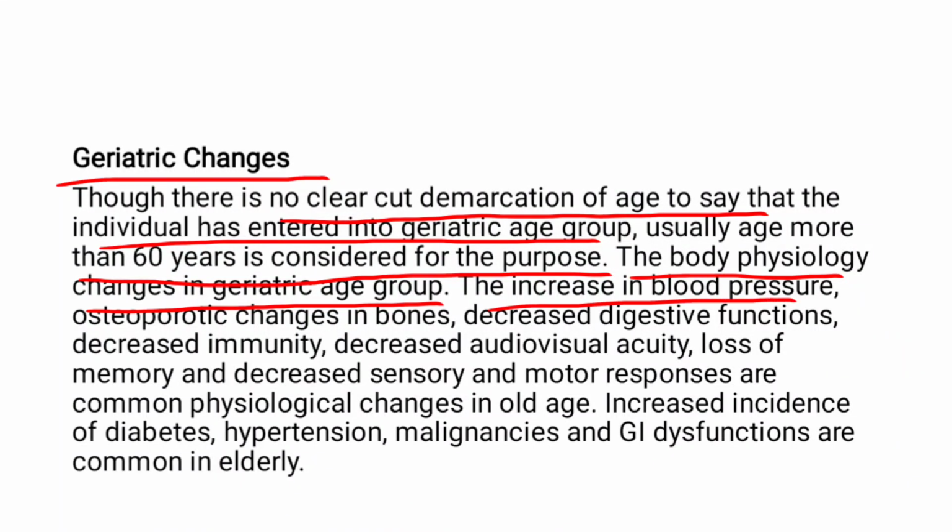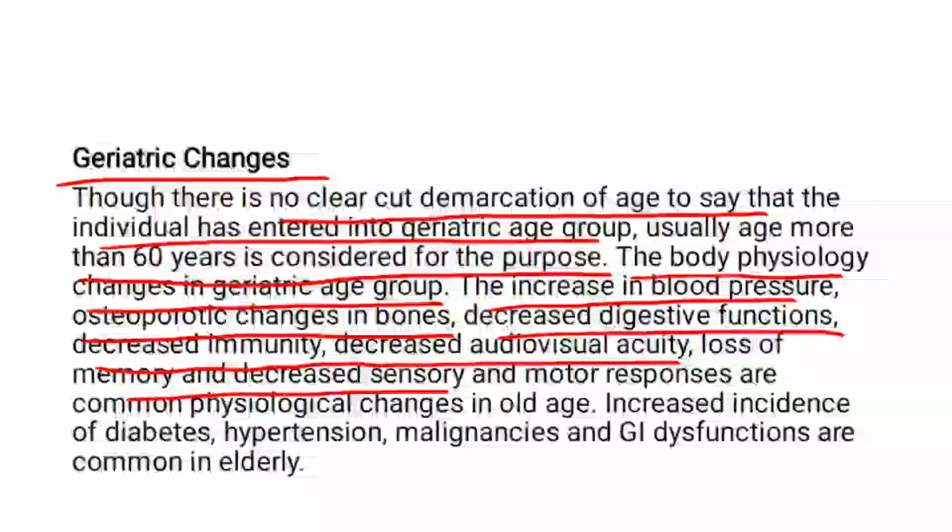The increase in blood pressure, osteoporotic changes in the bones, decreased digestive functions, decreased immunity, decreased audiovisual acuity, loss of memory, and decreased sensory motor responses are common physiological changes that are seen in old age.